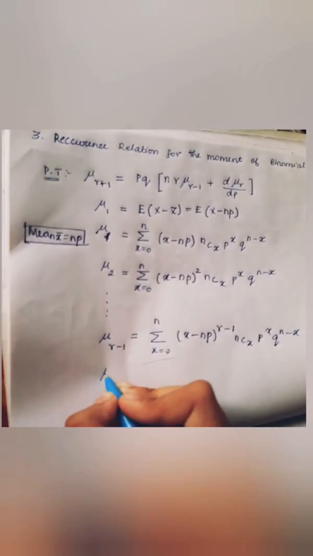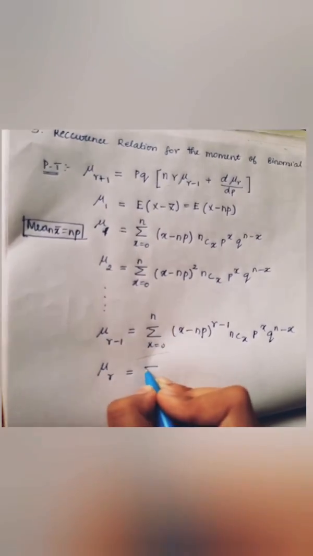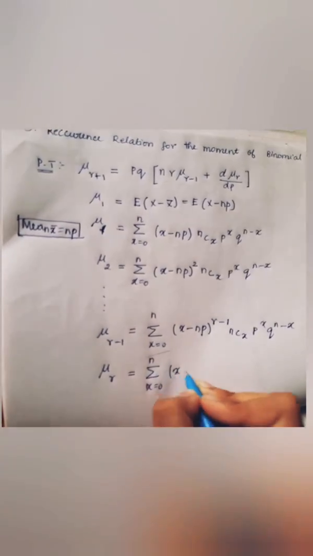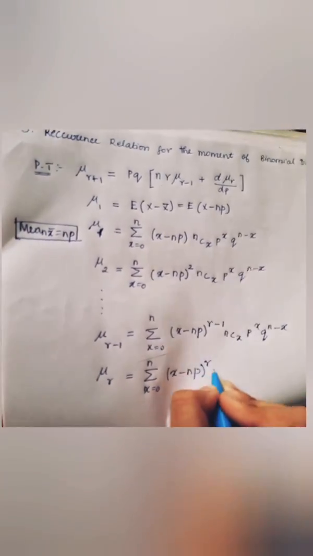It is nothing but we have to just change the power, and the order of the mu value must be written on the power.